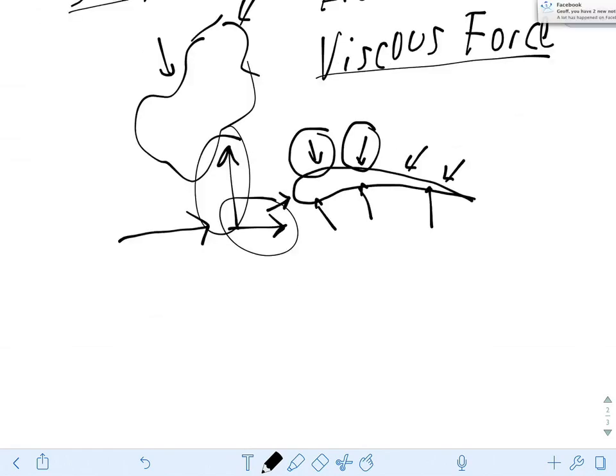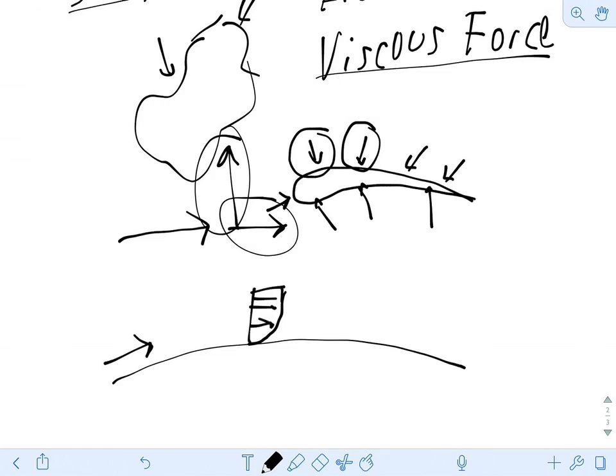The viscous force, the strong ones at least, act tangential to the surface. So we'll talk later about boundary layers. Here, let's zoom in on this wing. As the flow goes past it, a boundary layer will be set up. It will look something like this. Flow going past it will be zero velocity at the surface of the wing, free stream velocity somewhere away from the wing, and the turbulent eddy viscosity will set up a kind of shear where the action of the flow over the wing will tend to try to drag the wing in this direction.